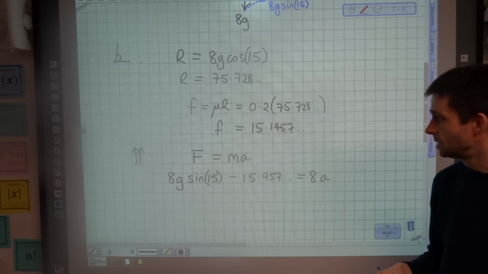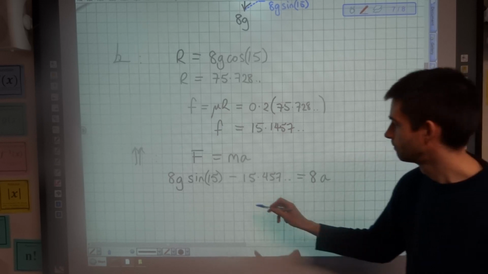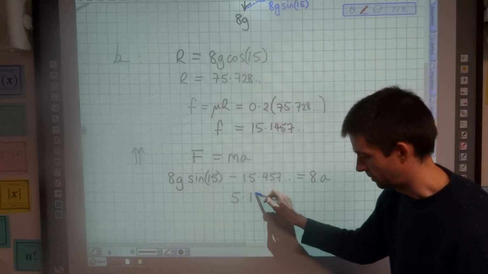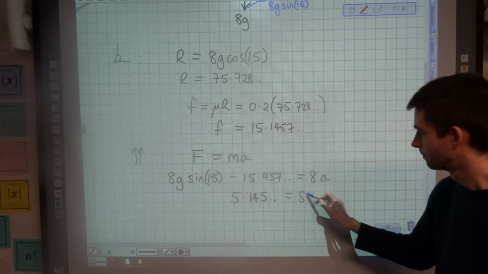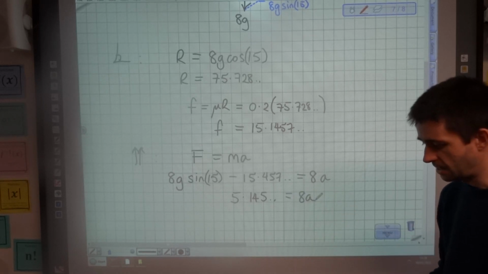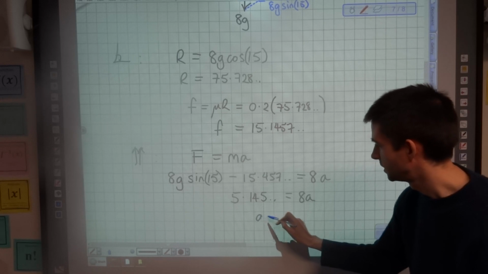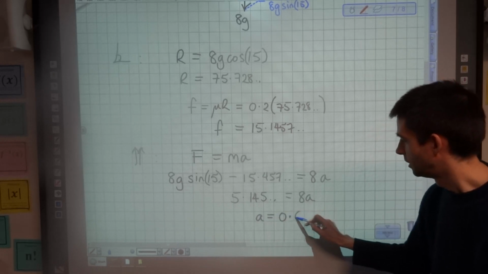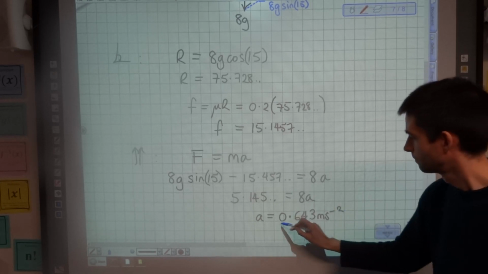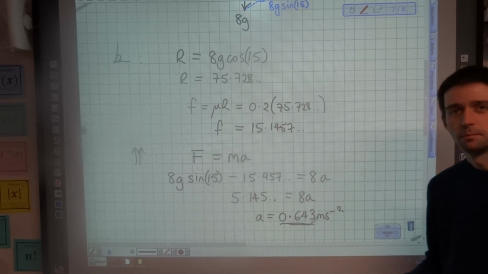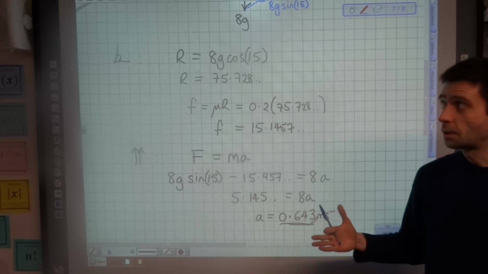So doing 8g sine 15 minus 15.457, which comes out as 5.145. Dividing through by 8 and rounding to 3 significant figures, I get an acceleration of 0.643 meters per second squared. So there we go.